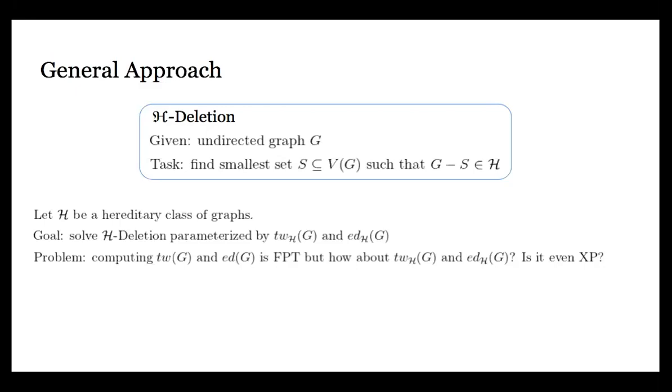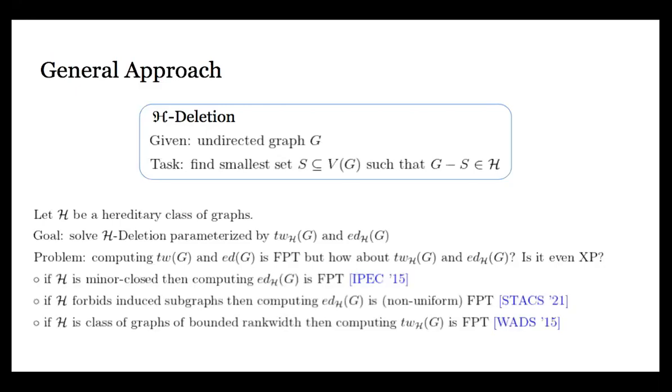So what is known about this problem? There has been some research in recent years about these graph measures, and what is known is that when H is a minor-closed class, or equivalently, it is given by a finite set of excluded minors, then computing elimination distance to H is FPT.